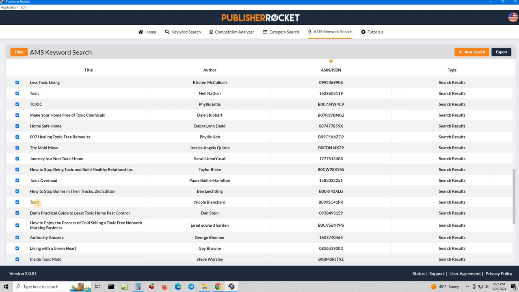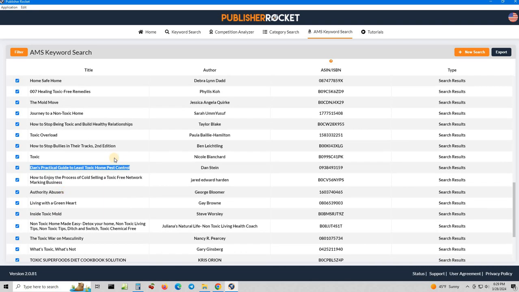This one's extremely generic. Who knows what that is? This is interesting. And these are things anyone that's concerned about a toxic home is going to be thinking about. I often think about this because I have a guy that comes out and sprays my whole house, and I wonder if that's going to affect my health.